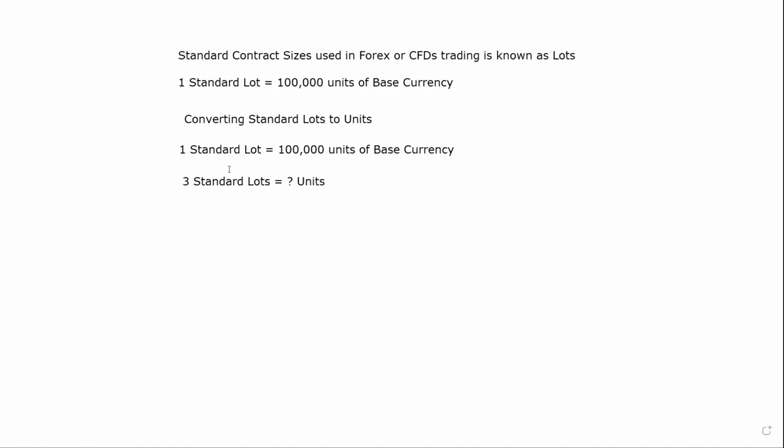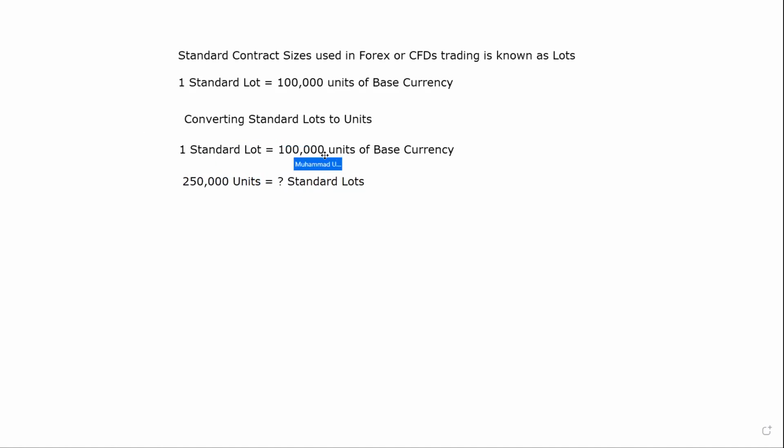So we have to find out, let's suppose, 250 units to standard lots. 250 units are how many standard lots?